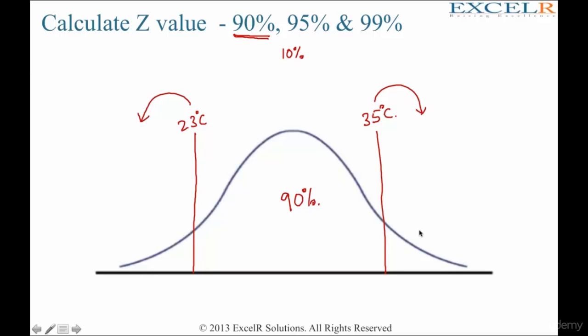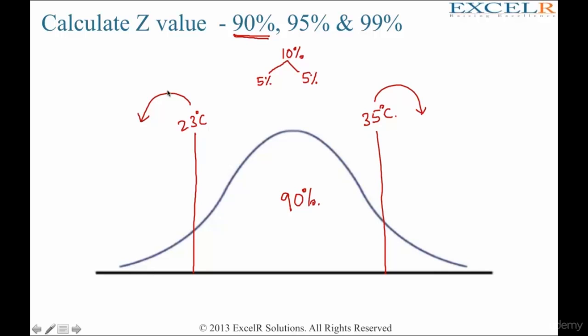But since this is a standard normal distribution, it will be symmetrical across the mean. Hence, there would be an equal chance that your temperature might be less than 23 degrees Celsius, and also an equal chance that the temperature tomorrow can be greater than 35 degrees Celsius. So there's a 10% chance that it might fall beyond the interval that you have provided.